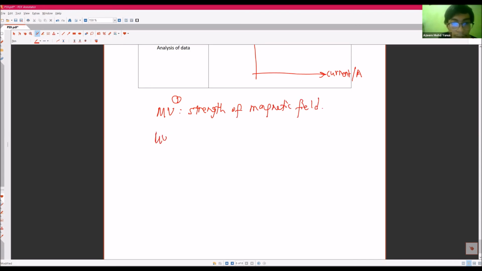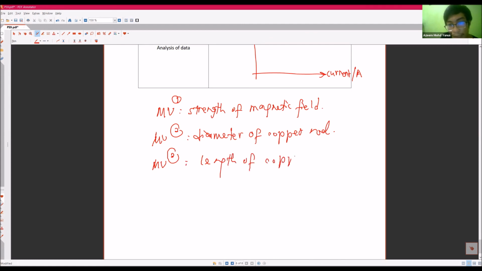Number 2 is the diameter of the copper rod, or the length of the copper rod. Okay.